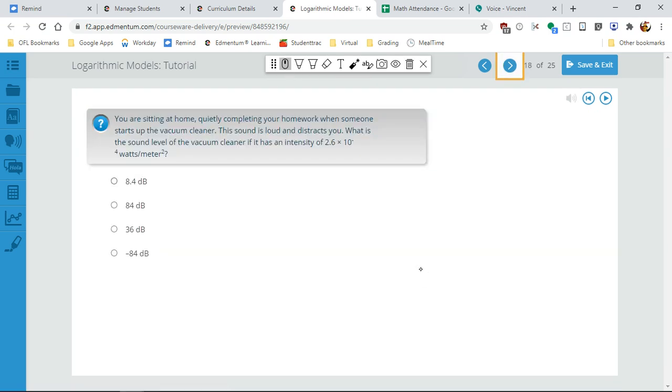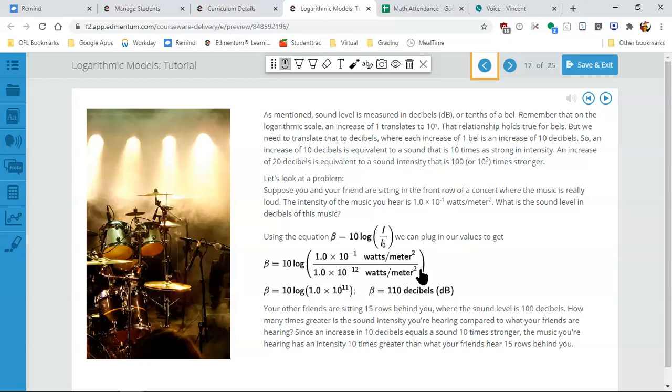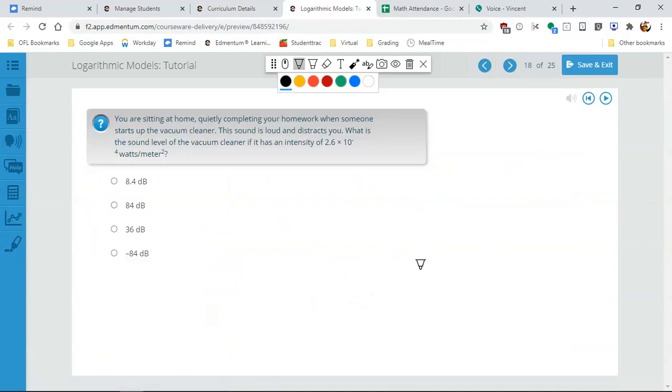So moving on here, someone's making an intensity. So how many watts per meter squared? This is like 0.00026 watts per meter squared. They're just doing it in scientific notation. When we do this, where's my formula? I should have written my formula over here. We're going to do this to the 10th power.